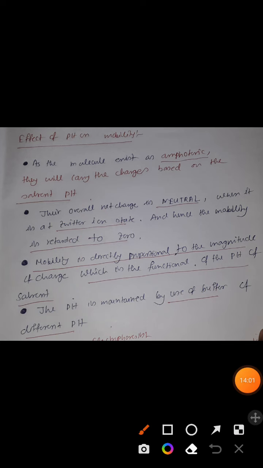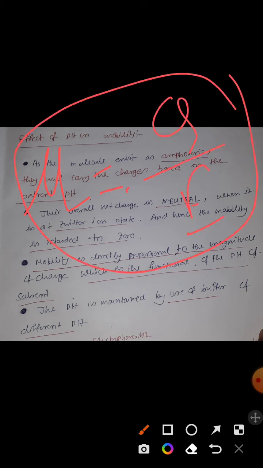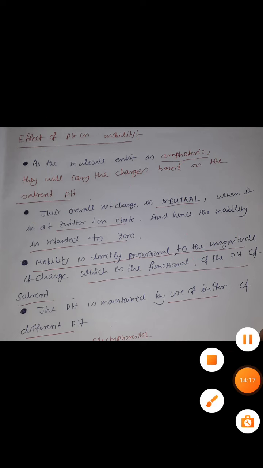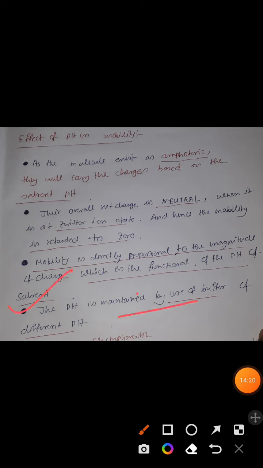So we have learned the effect of pH on mobility: mobility is directly proportional to the magnitude of the charge of the molecule, which is in turn a function of the solvent pH. The solvent pH can be set by using buffers of different pH, and as the molecule is amphoteric, it will carry charge based on the solvent pH.